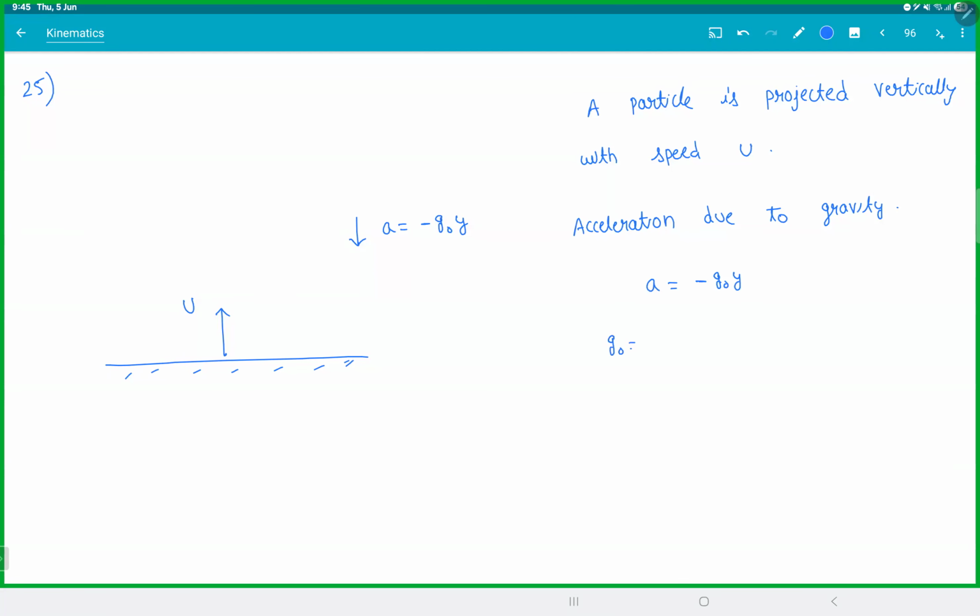G naught is some constant. Y is the y coordinate, or y is the height from the ground.